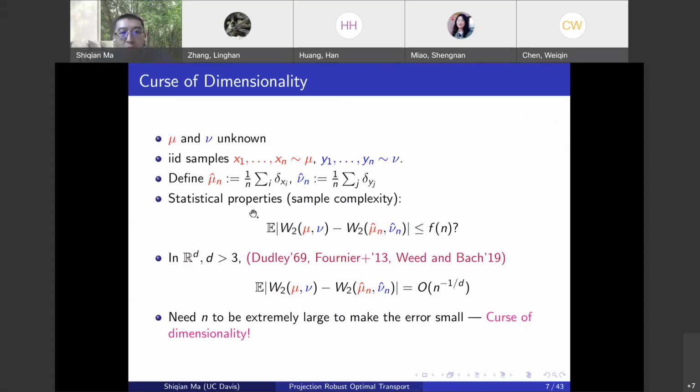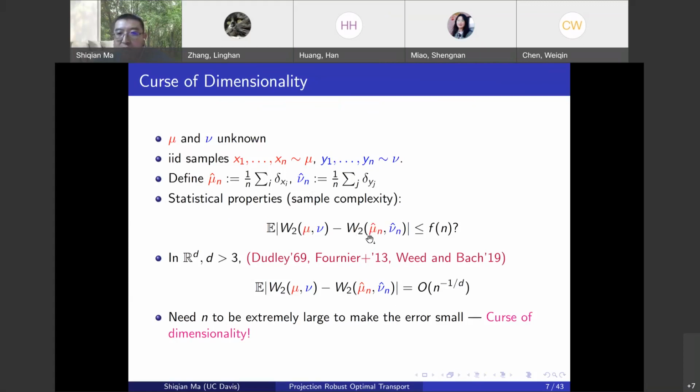So one very important question in statistics is about the sample complexity of this approach. I want to compute the Wasserstein distance between mu and nu, but I don't know mu and nu, so I don't know the Wasserstein distance between them. I can only compute the Wasserstein distance between these two empirical distributions. So of course, I want to know what the error is.